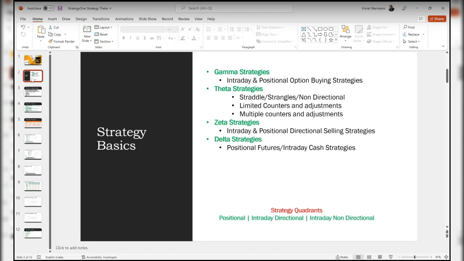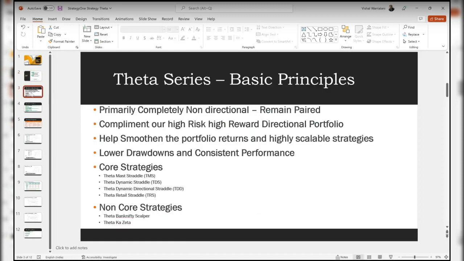Gamma is the buying, theta is the non-directional or straddle triangles, zeta is directional selling, and delta is positional futures and other strategies. When we talk about the theta series, our basic principle is that theta is completely non-directional. Sometimes it will go directional, but mostly it will remain paired.